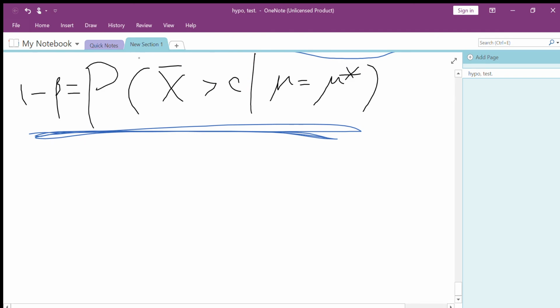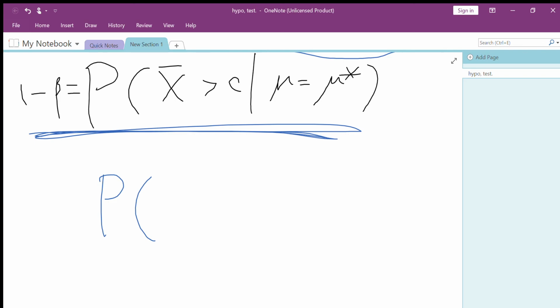We would like to calculate this 1 minus beta. What is this? We still use the standard normal transformation.